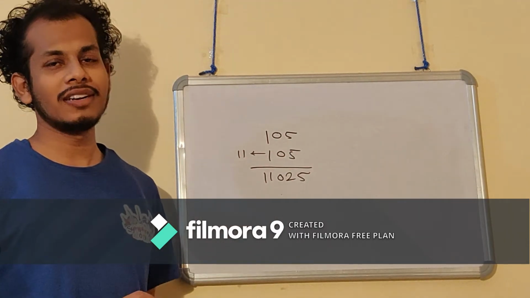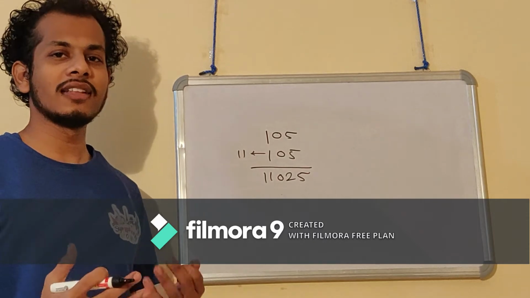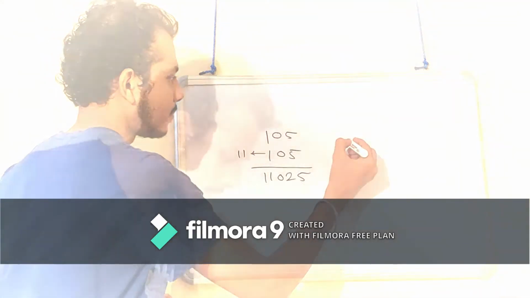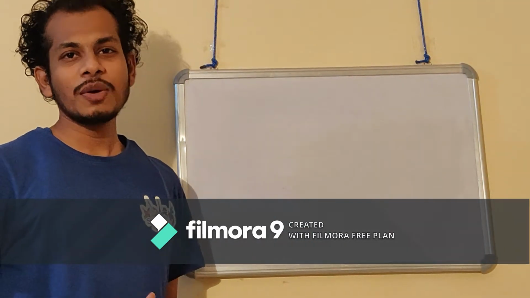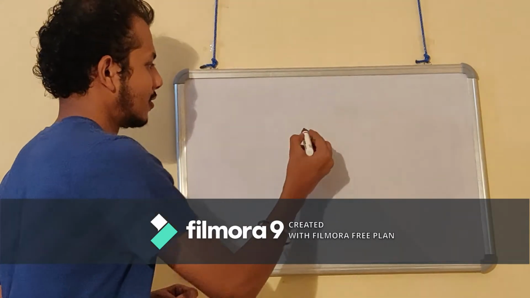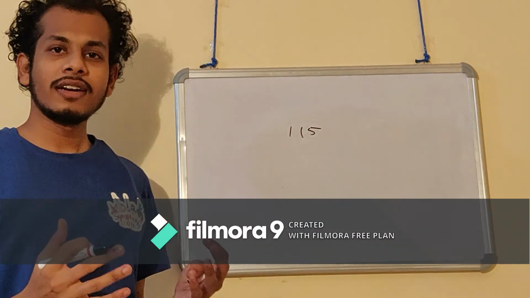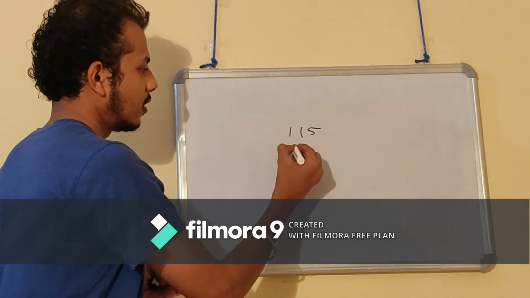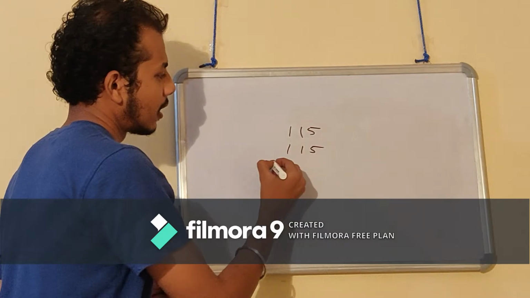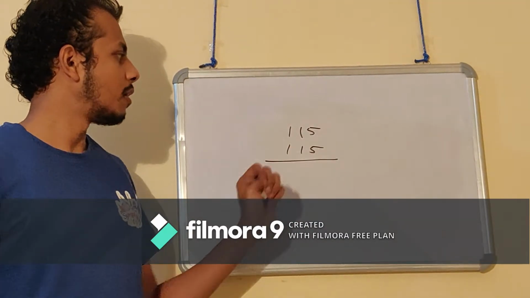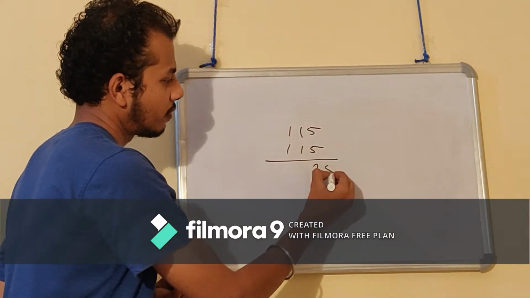That's pretty simple. Now let's have another look at a different number. Our next number is 115. For understanding, I am writing this number once again to perform the operation. I have to multiply 5 by 5, so that becomes 25.